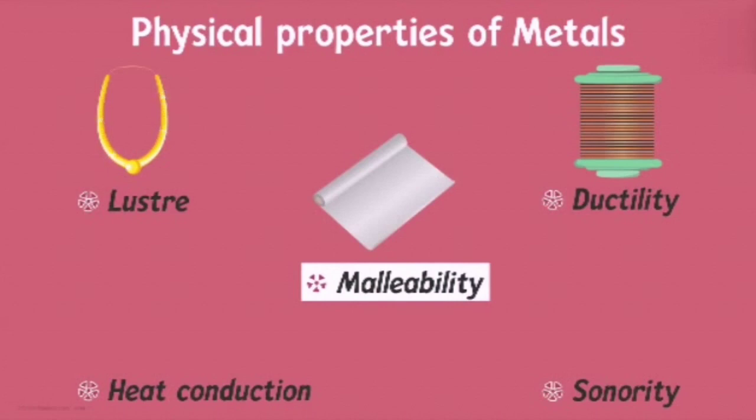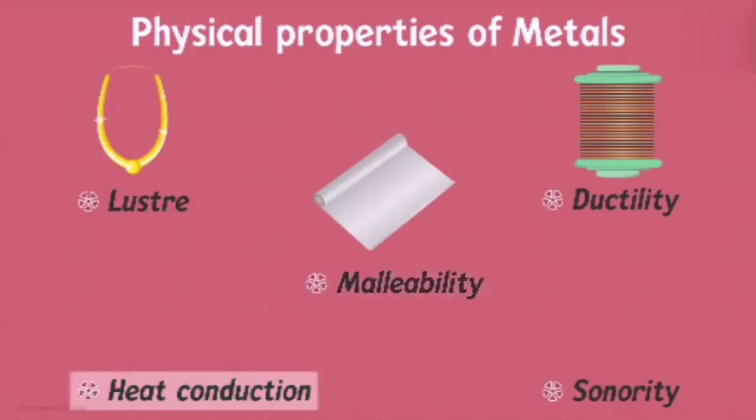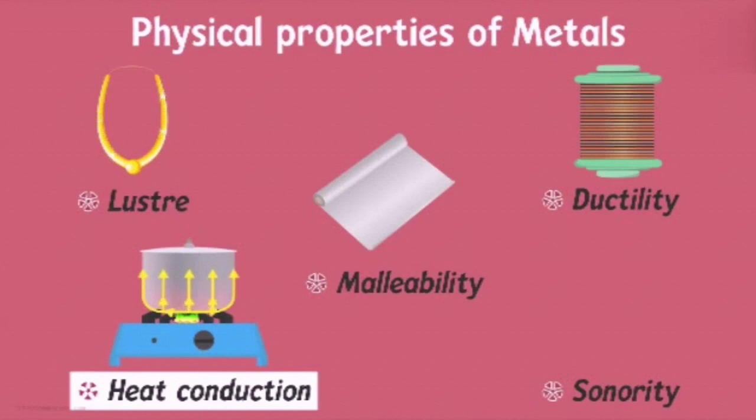And where do we use the property of conduction of heat? Yes, we can make kitchen utensils out of metals so that cooking becomes possible and convenient.